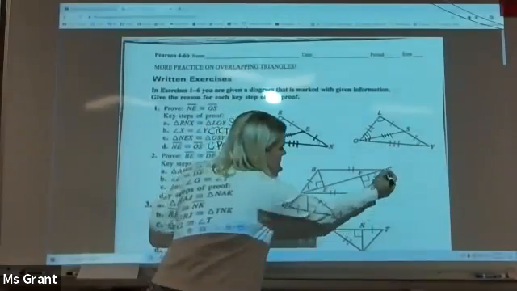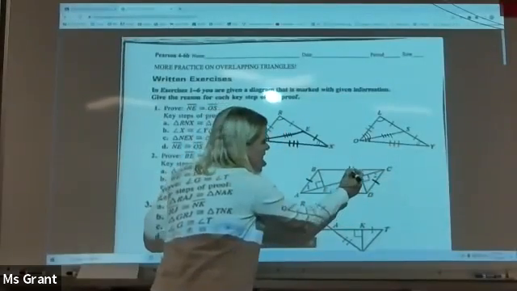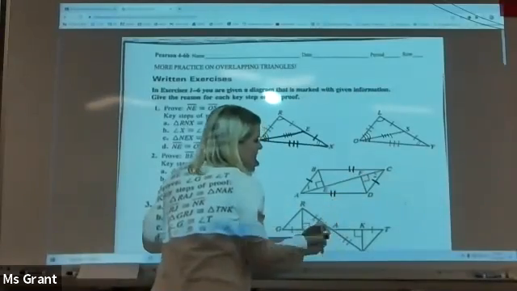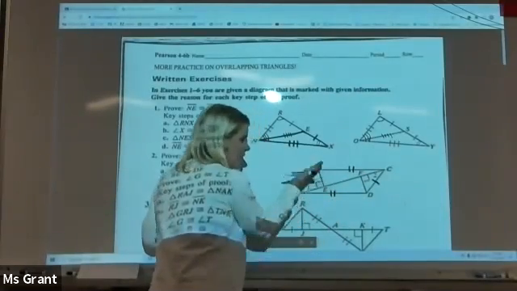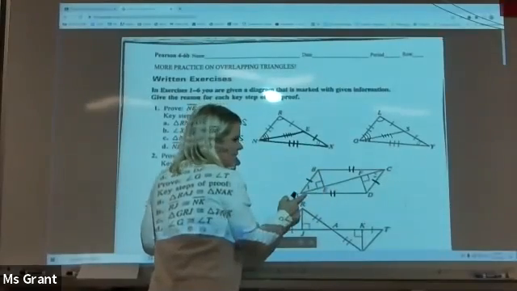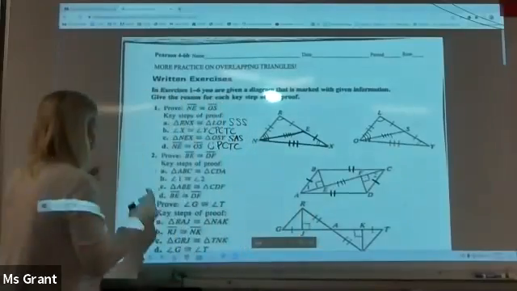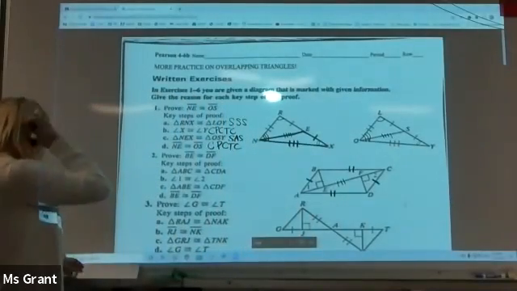Side, this one, side. ABC is this top triangle. Forget that this line is here. This reflexive property line that's shared, side, side, side, right?